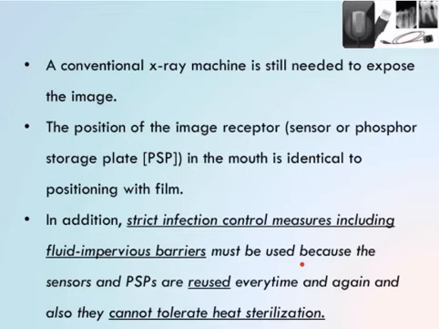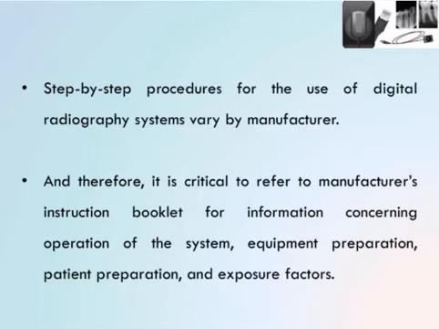So there is no cross contamination when we use conventional films. But because we use sensors repeatedly for different patients, it is very important that we prevent cross contamination. How to do that? By using fluid impervious barriers. Strict infection control protocols are required for the sensors because they cannot be sterilized, as they are very sensitive to heat.